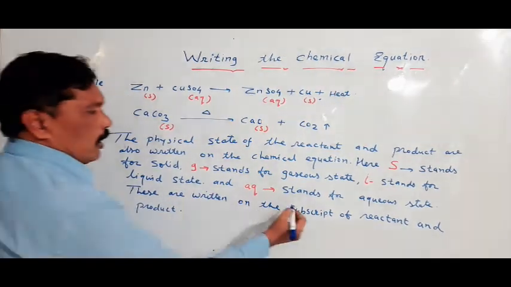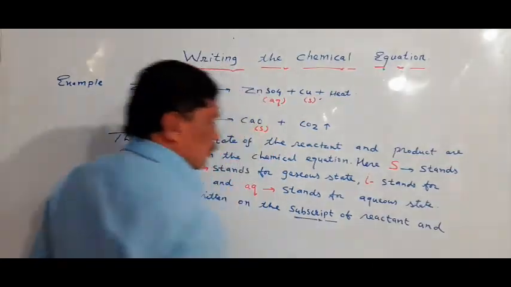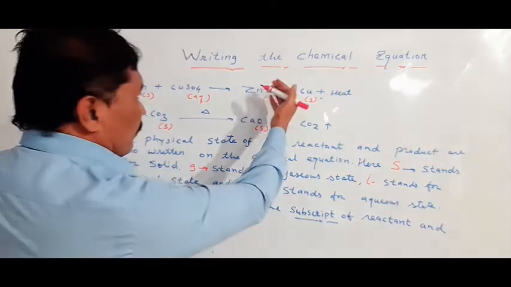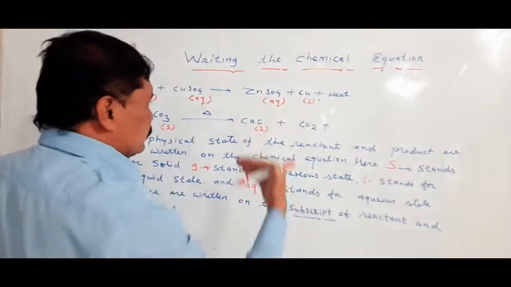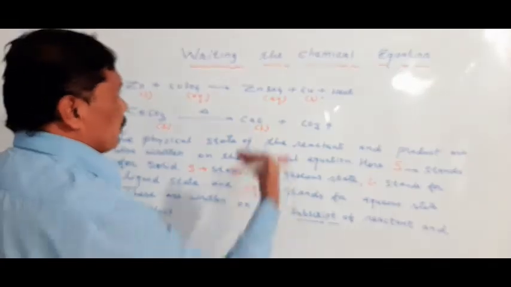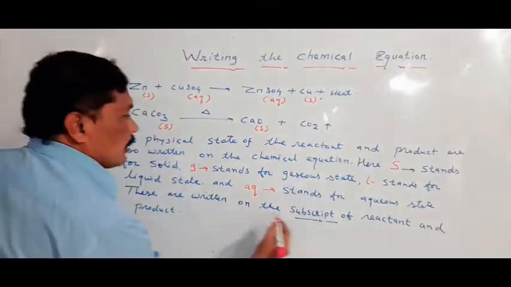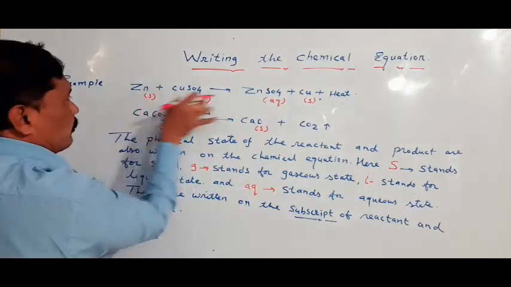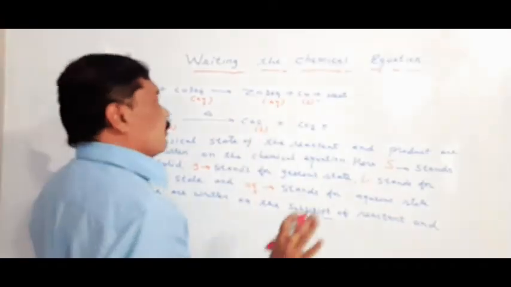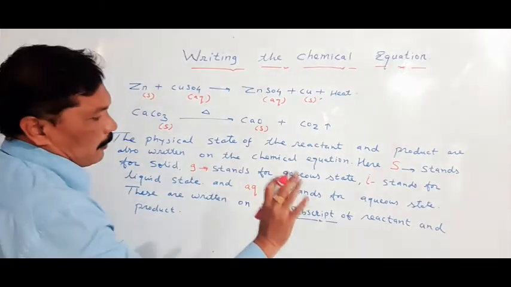These are written on the subscript of reactant and product. Now, my dear student, we have taken two examples. In these two examples, the information of the physical state of the reactant and product is also mentioned. And this information we have written at the subscript of reactant and the product. Means at the below of the reactant and product, we have mentioned the physical state of the reactant and the product.